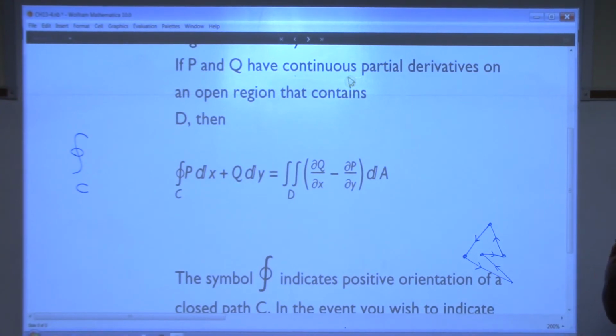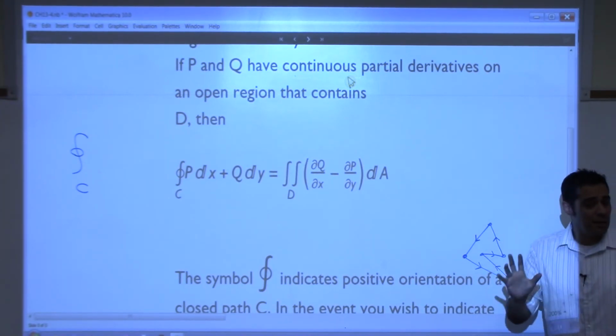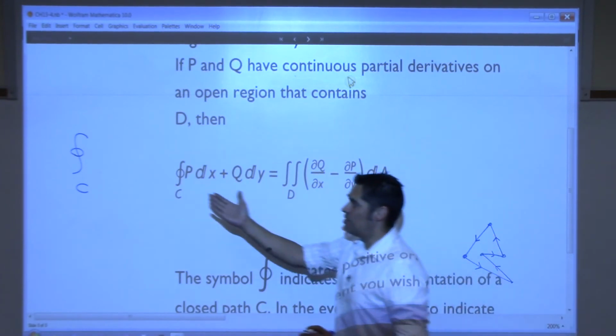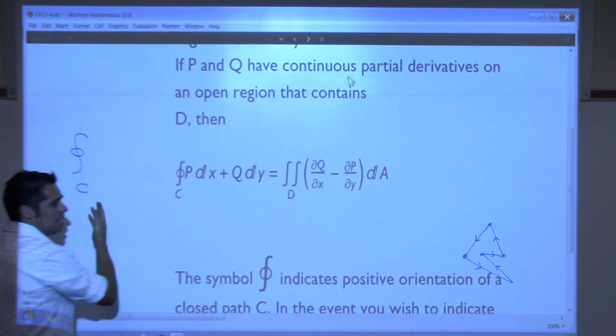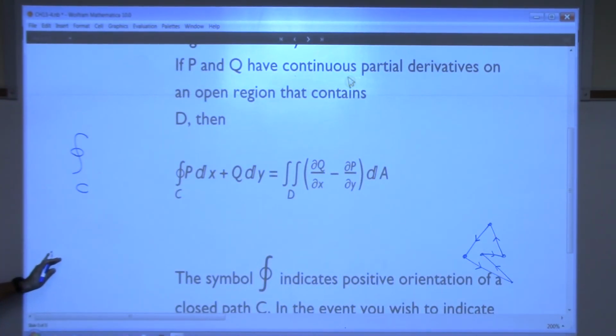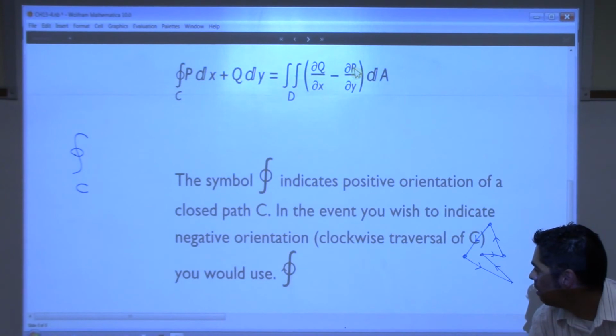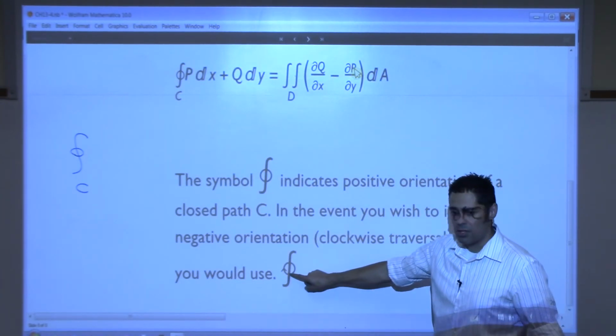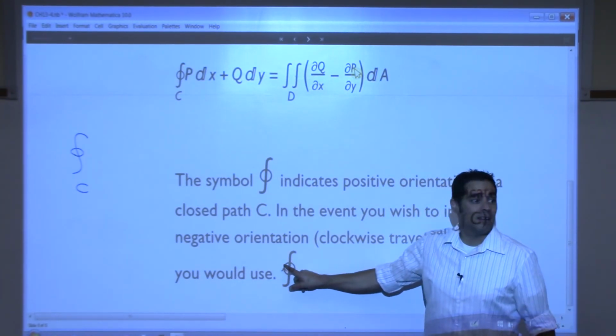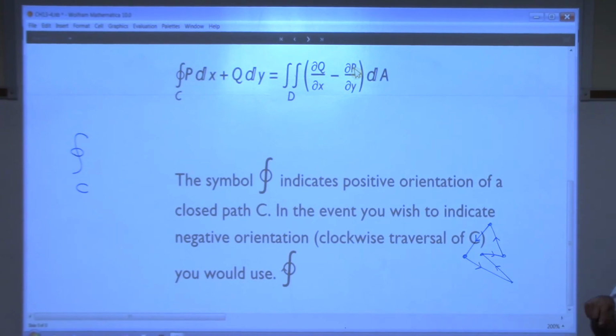Also, there's no way that I tell you it's positively oriented. This is assumed to be positively oriented. If I want to tell you it's negatively oriented, going the other direction, we have a standard symbol for that, which is to use a little arrow on the circle that shows you're going the opposite way, which would be clockwise.